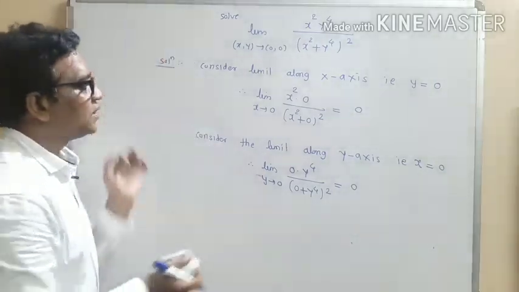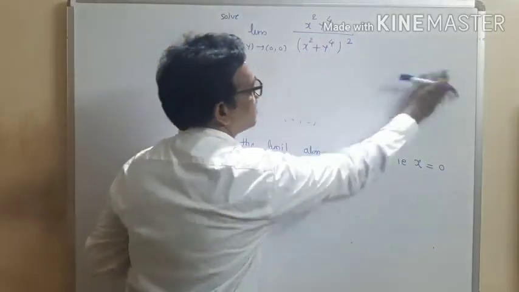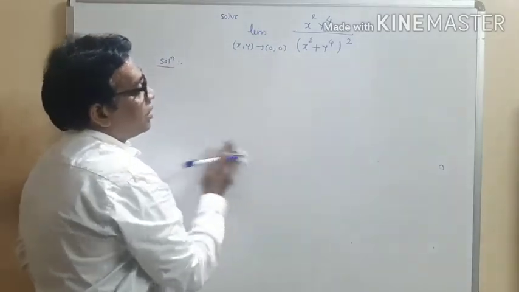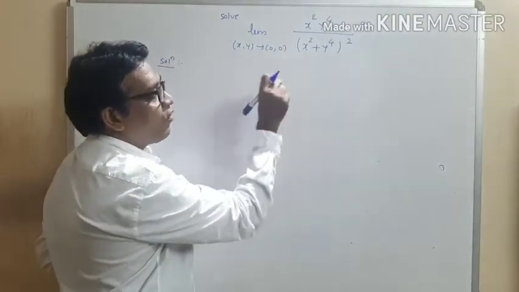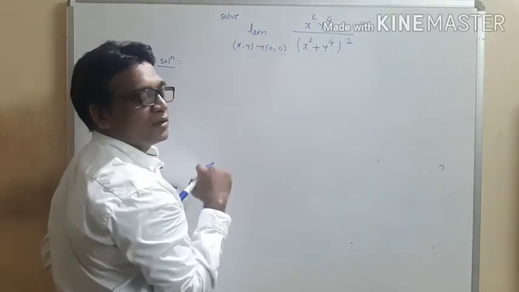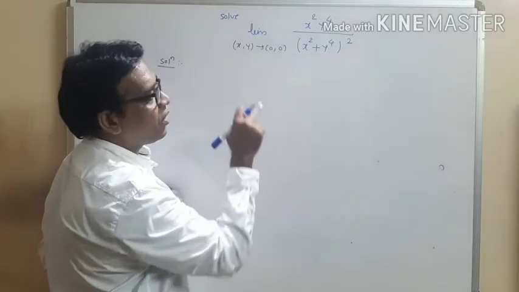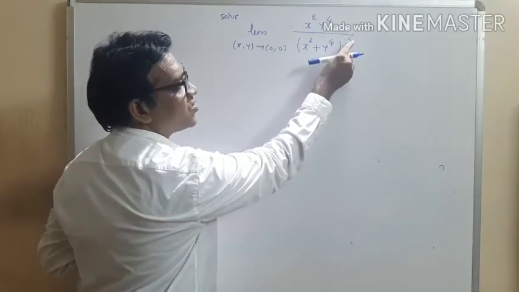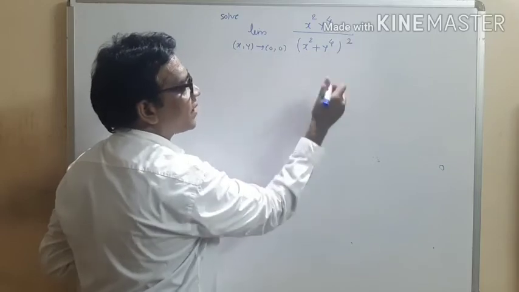Now see how to get third root by finding the maximum power. First of all find out what is the maximum power for x in denominator. X square, and this is the bracket square. X square bracket square.